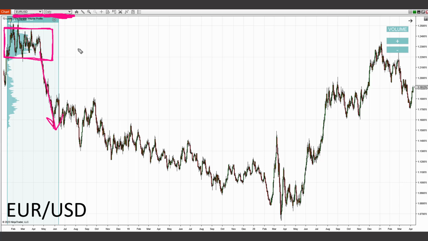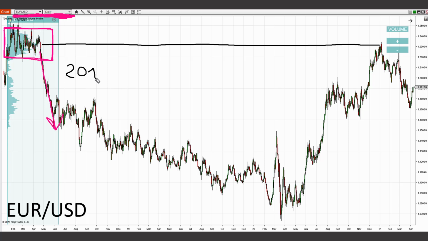Now, what you do is you draw a line from that heavy volume zone, and then you wait. In this case, this is sort of an extreme, but still, this was a trade that I actually took. This was a heavy volume zone from 2018, I think, and the price hit this level in 2021. 3 years.